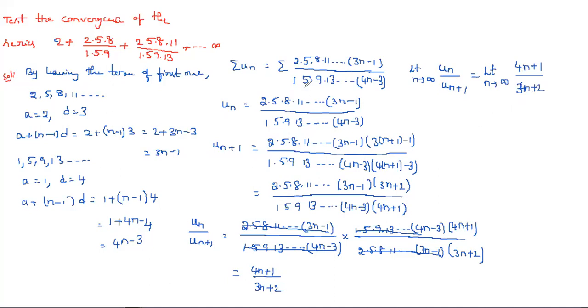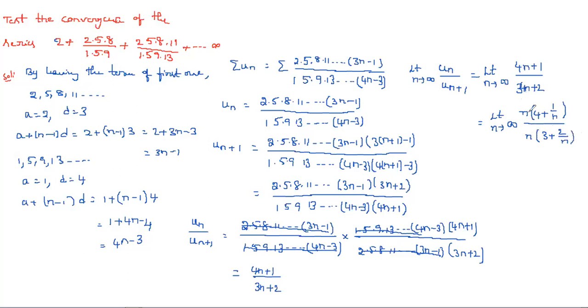Directly we can't substitute infinity in place of n. Why? Because we are getting infinity by infinity, that is an indeterminate form. So for that we need to simplify this. For simplification, we can take n as common from the numerator as well as the denominator. Then n into 4 plus 1 by n, and here also the same thing, 3 plus 2 by n.